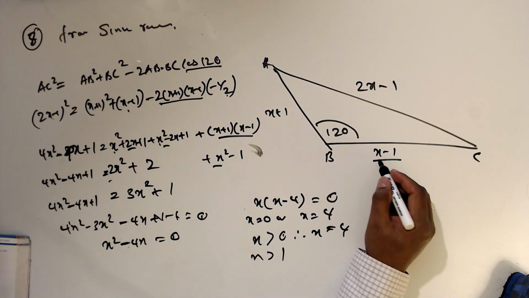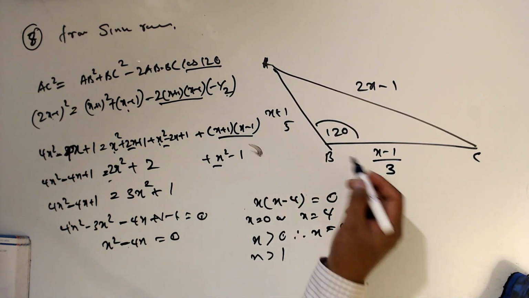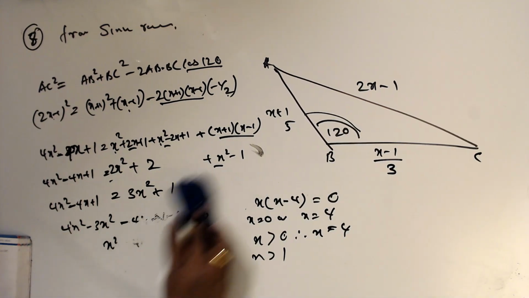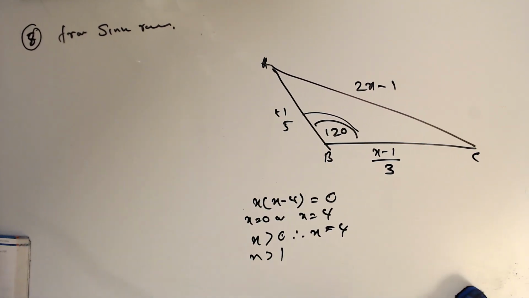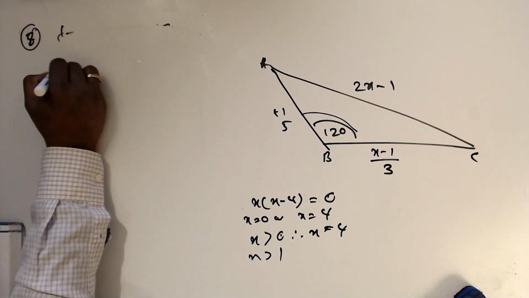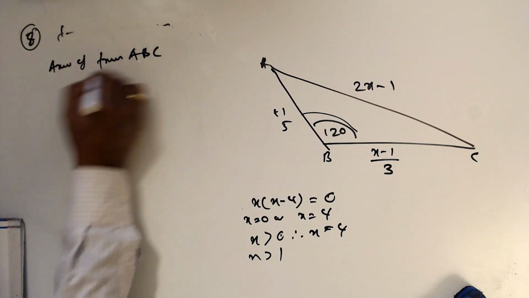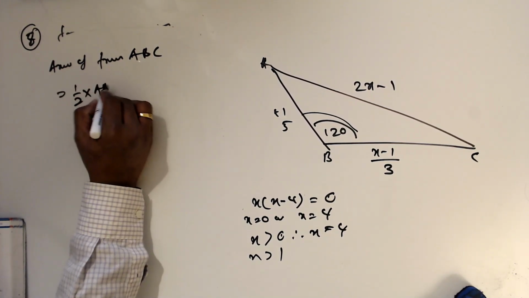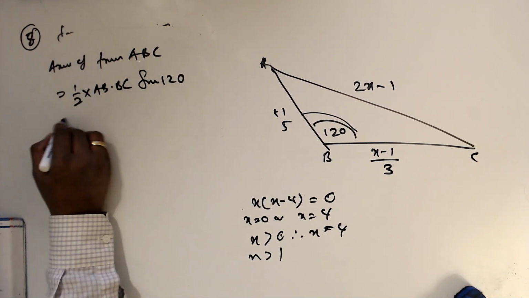Now this is 4 minus 1, 3, this is 4 plus 1, 5, and now half AB sine C. Now we can find the area. Area of triangle ABC is half AB BC sine 120.